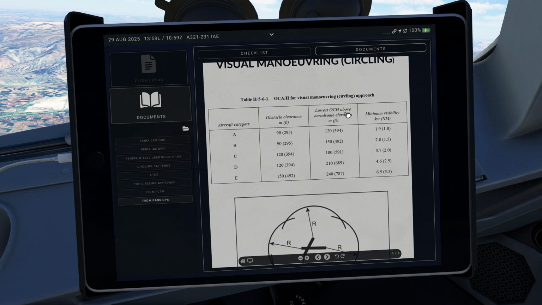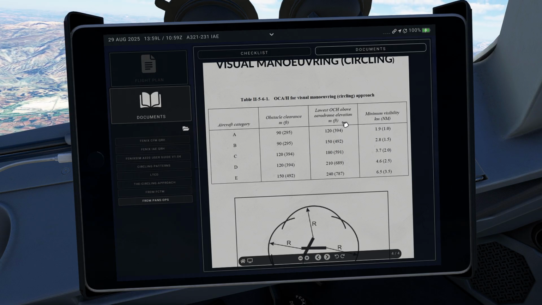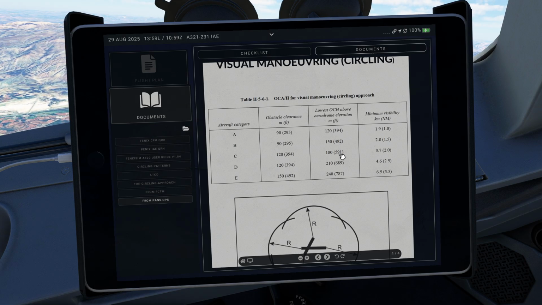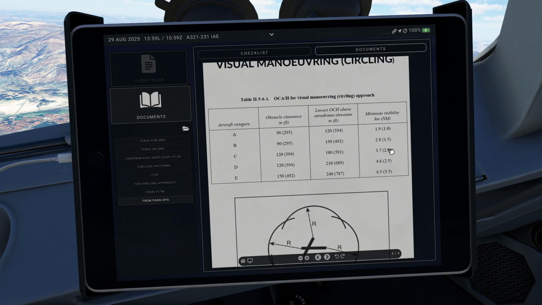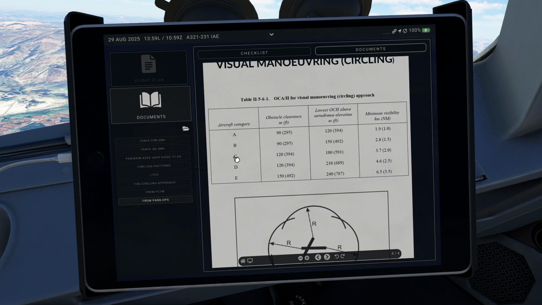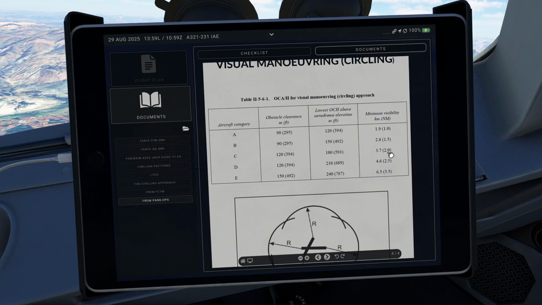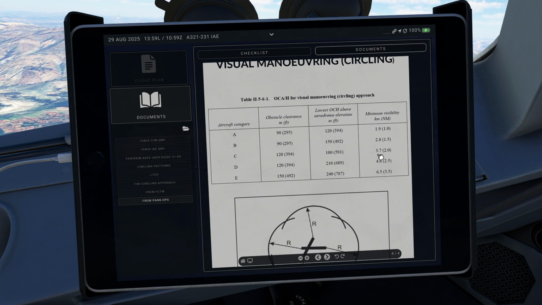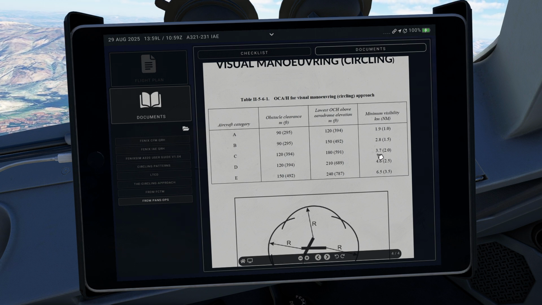Lowest obstacle clearance height above the aerodrome elevation will be around 600 feet, and the minimum visibility required for the procedure for the Cat Charlie aircraft will be almost 2 nautical miles or about 3.7 kilometers. It means 3,700 meters.